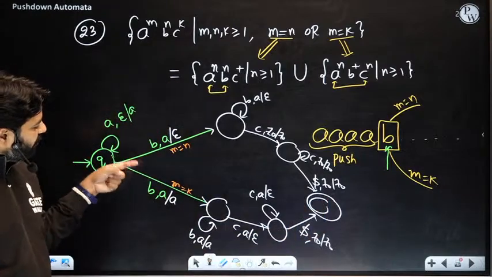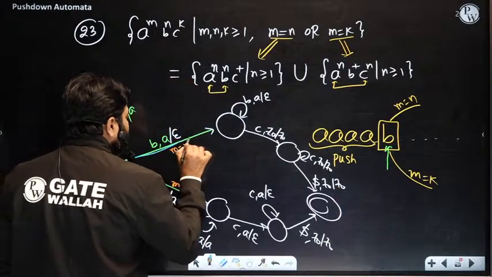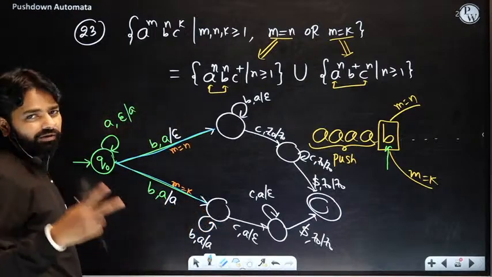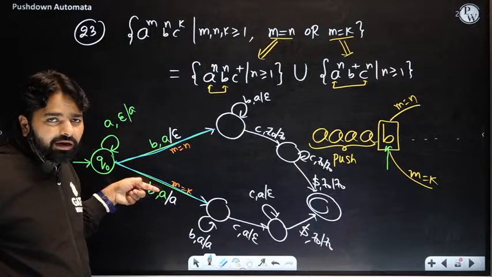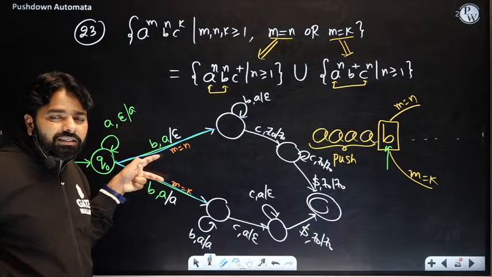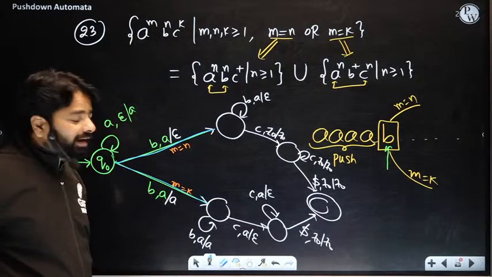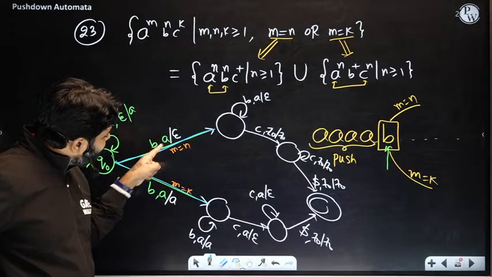Now you see why non-determinism is happening. With the same combination, we have two different paths, two different transitions. For this B comma A, you are taking two different choices, which never happens in deterministic machines, right? In a DFA, we only have the input, but in a DPDA, we have input as well as top of the stack.